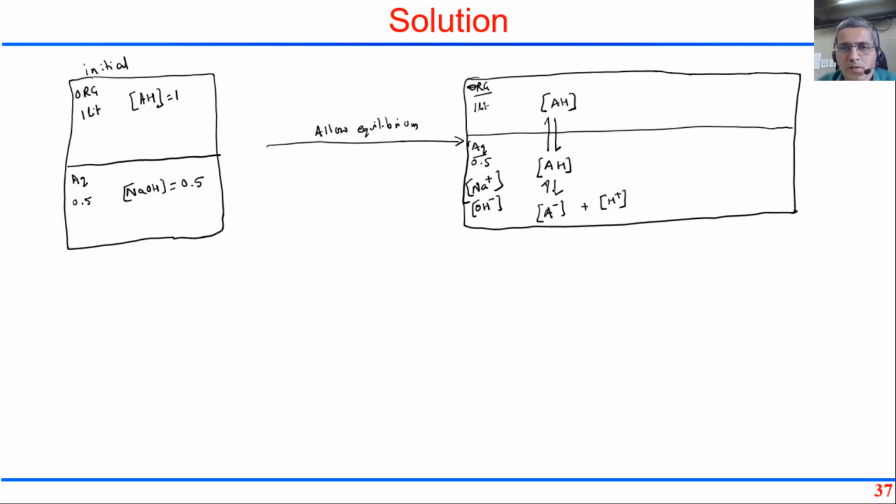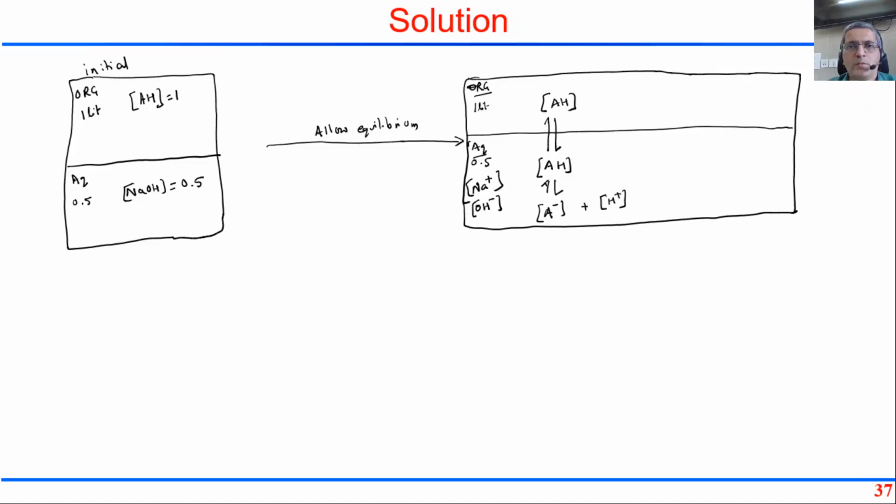Alright, are you able to visualize? If not, just take your time to visualize. Can we go forward?